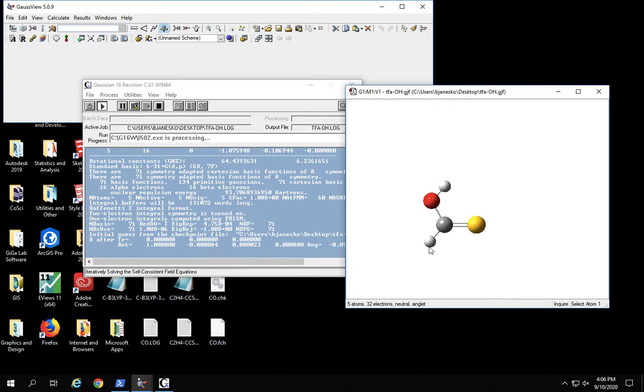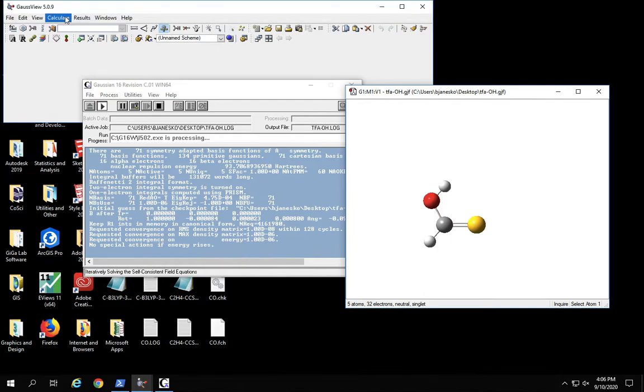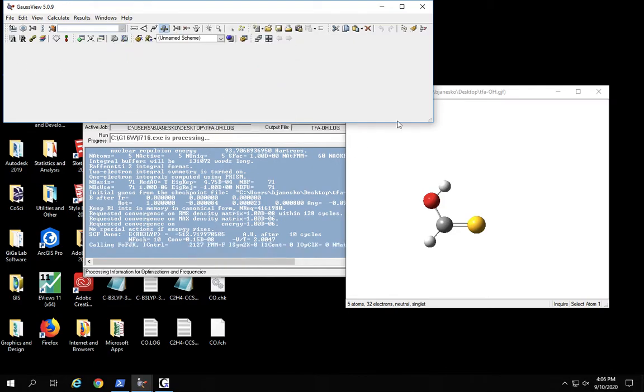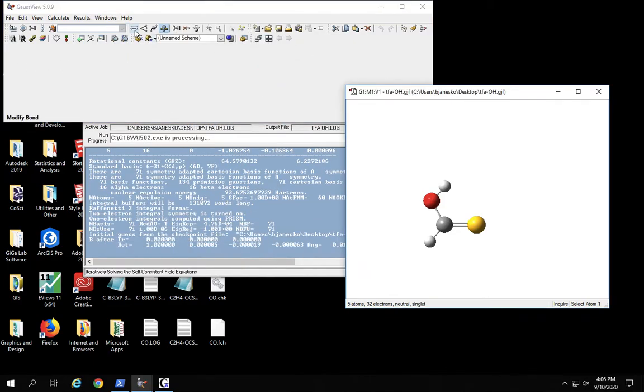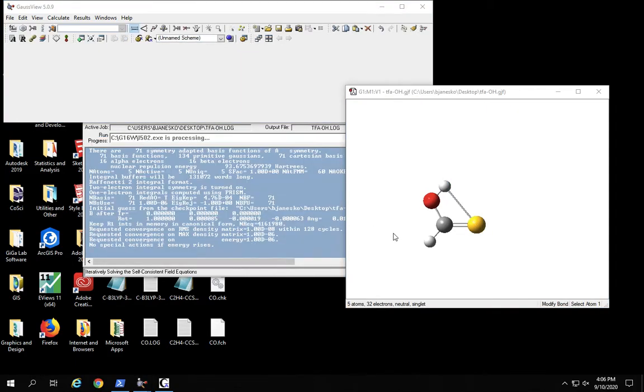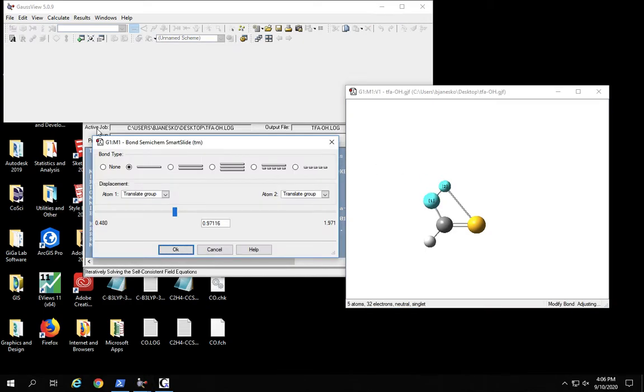This calculation takes a little while on a desktop, so while it's running, I'm going to set up the other tautomer, where the proton moves from oxygen to sulfur.